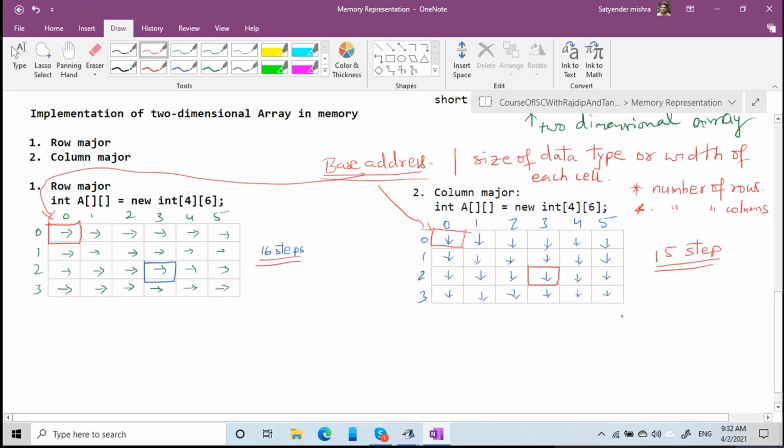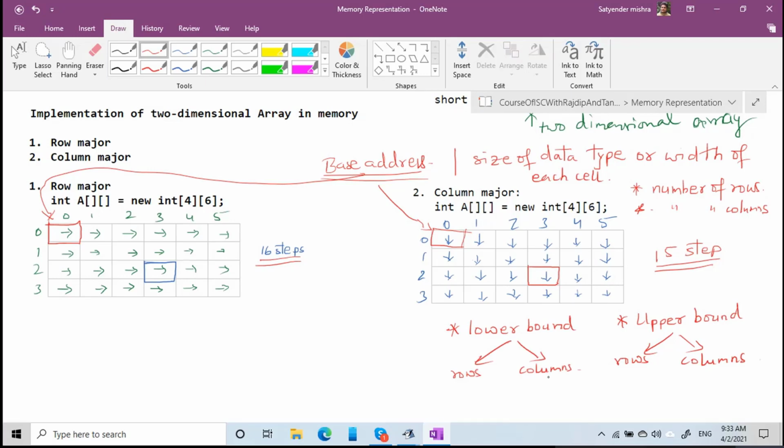So these are important points: upper bound of rows and columns, and we have to know the lower bound of rows and columns, in both the cases. All right, so this is the basic scenario. Fine, so these are the things which we have to keep in our head.